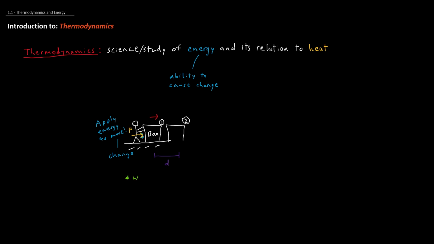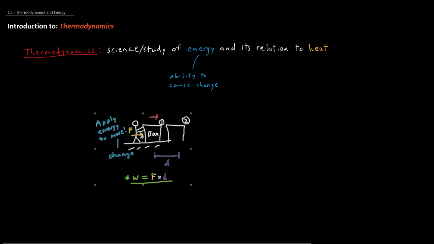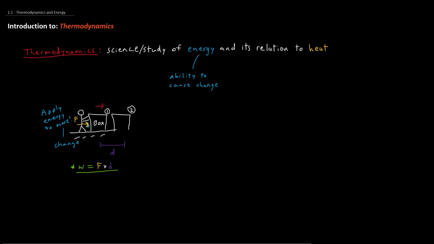And that's where we can derive the term for work, which is simply that force that you're applying to the box times the distance which you have moved the box, and that is measured in the units of energy, such as joules, which I'll go ahead and discuss further in the video.